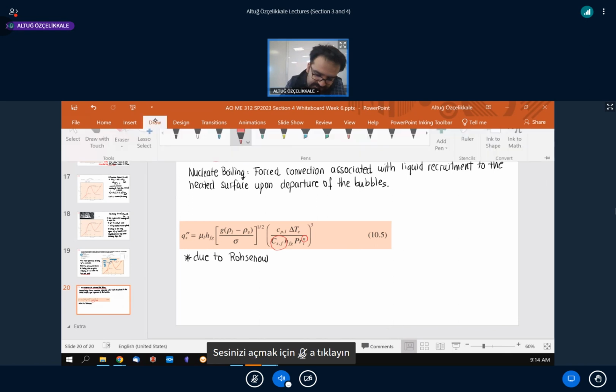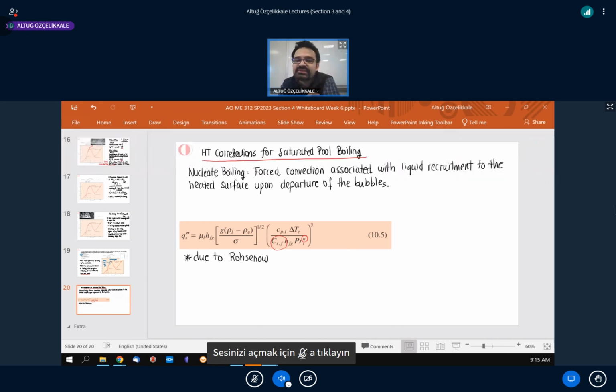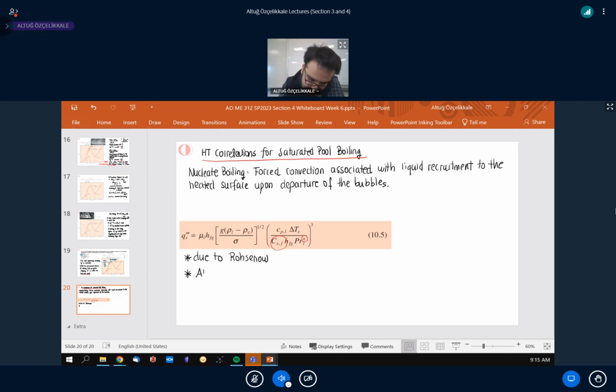But before that, let's discuss at what temperatures we are evaluating the properties. All properties of the liquid are evaluated for saturated liquid at T saturation, whatever saturation temperature you are working with.